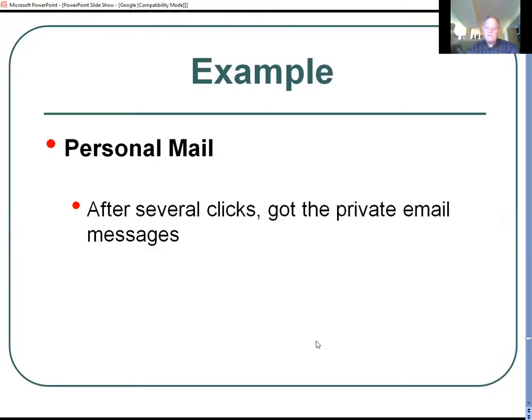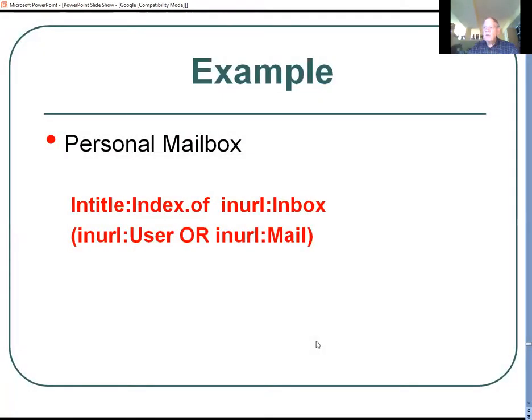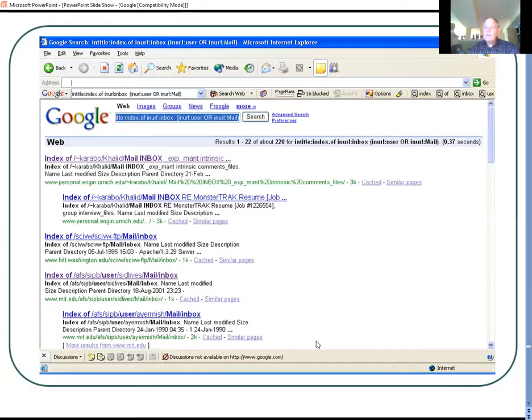We did a few clicks on it and we actually found the emails. Could bring them up. Personal mailbox, you just saw how that worked. Put it in and it actually finds the mailbox, without finding individual emails, but it will find the mailbox itself.